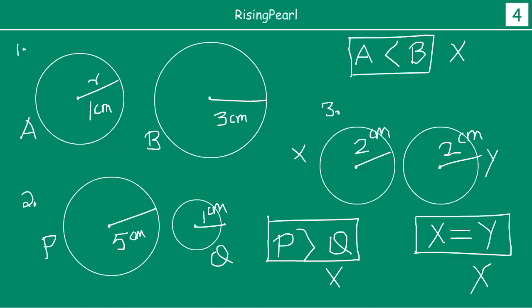How do you know? In this case, in the third example, we have these 2 circles X and Y. If you take circle Y and put it on top of circle X, it will exactly, completely cover circle X. So then we will say that circle X and circle Y are the same or identical, right?